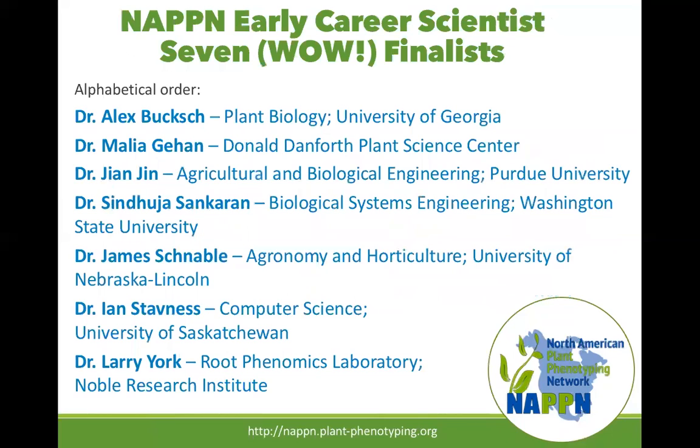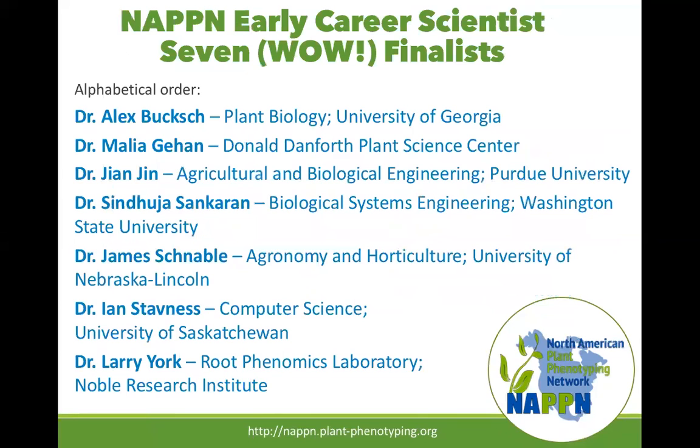So here's the big reveal of the finalists. The committee had a very, very difficult time. There were 7 finalists. Alex Bukish, and please don't fault me if I mispronounce the names here, but he is in plant biology at the University of Georgia.